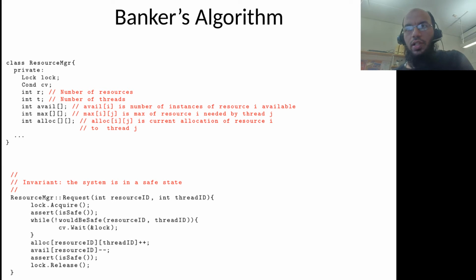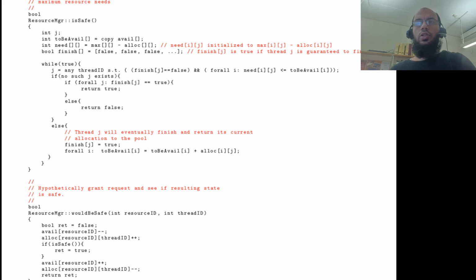Then you assert that things are still safe, and you release the lock. And then isSafe is a procedure that goes through all the threads, all the resources, and all the available resources that you have, to see if there is a possibility of a deadlock. That is done by making sure that there will eventually be enough resources for a thread to continue. Otherwise, it will just break, right?